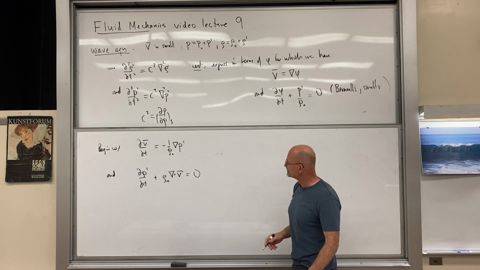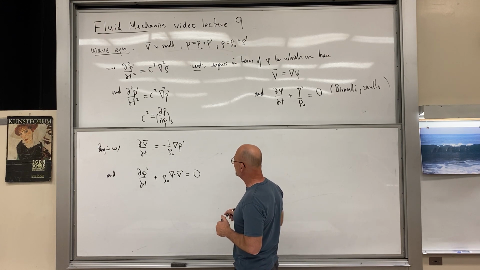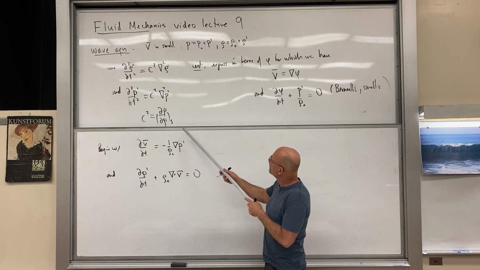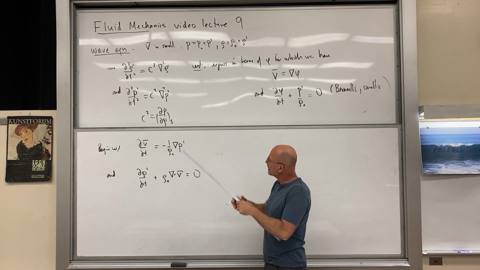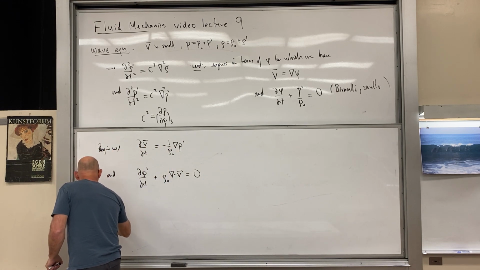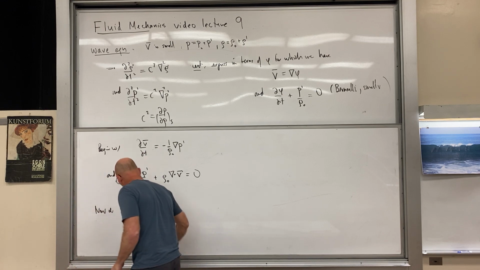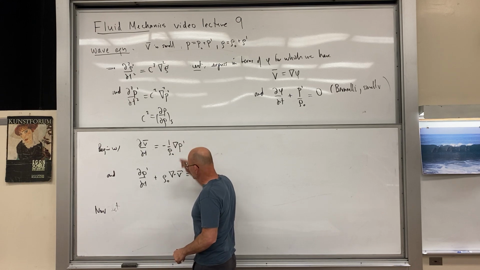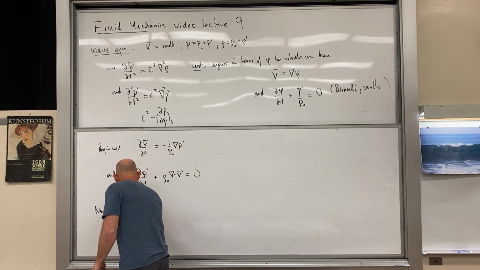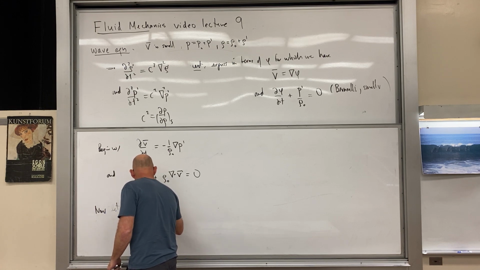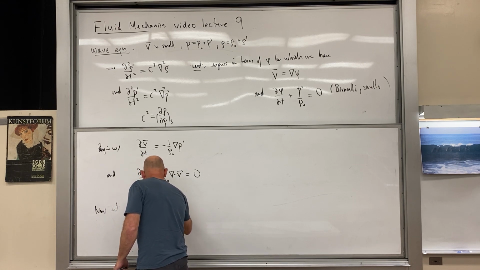This time, we're going to do the following. We will use the little derivation of this expression, namely, we're going to let p prime be equal to dp d rho at constant s times rho prime.